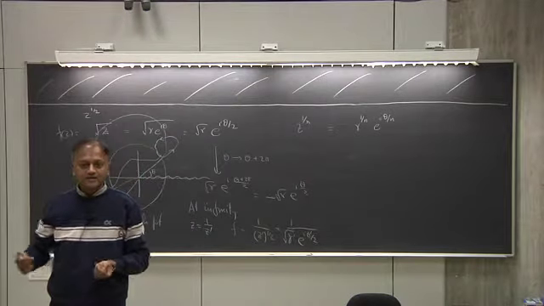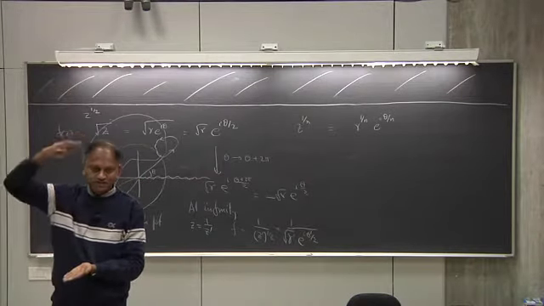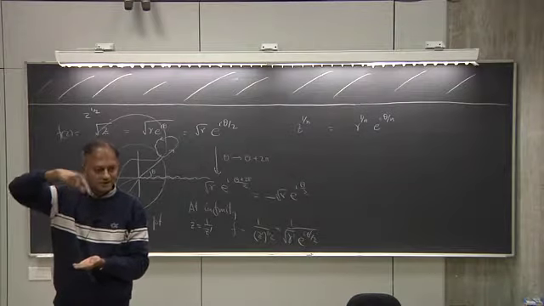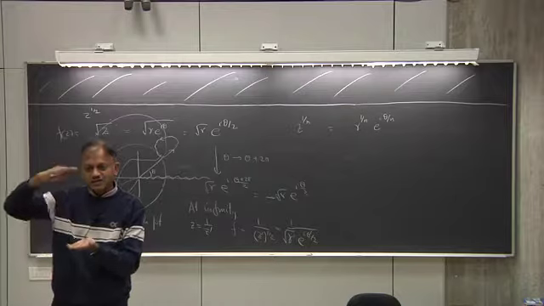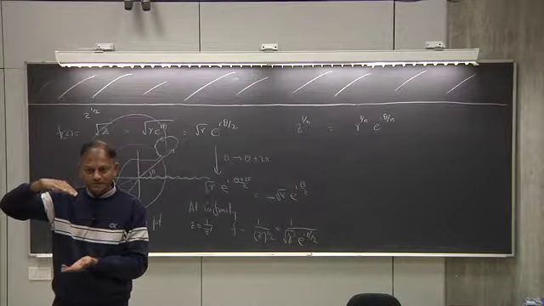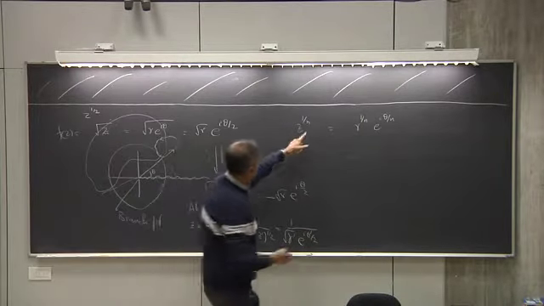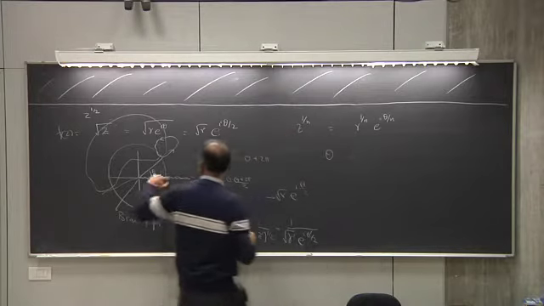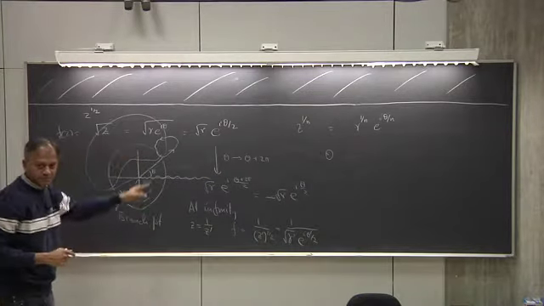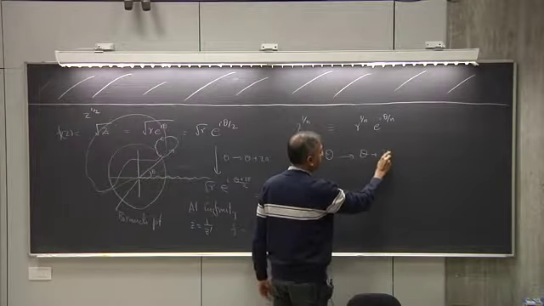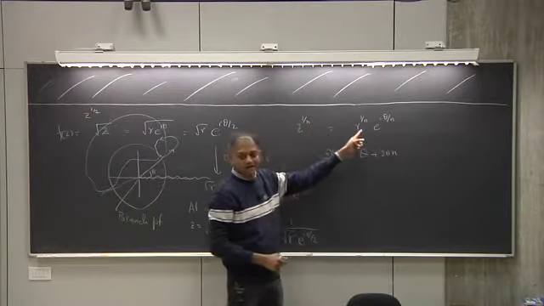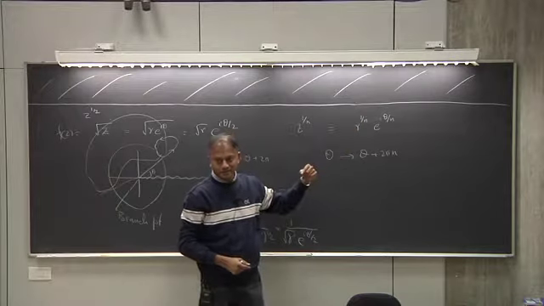Of course, then you will need an infinite number of sheets because it will never come back to itself, right? If it's a rational number, then after a certain number of sheets, you will come back to its original value, right? For example, here, if you go around n times, then theta goes to theta plus 2 pi n. And then you see that the function comes back to its original value, right?